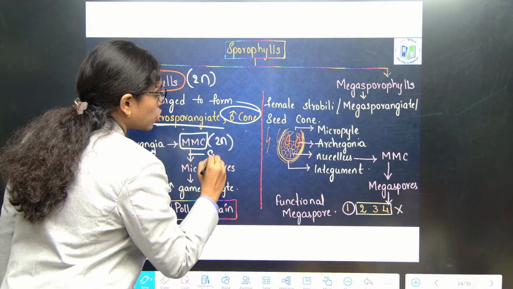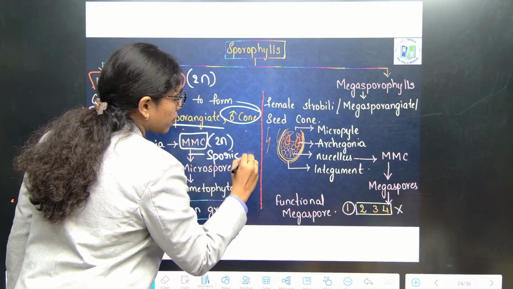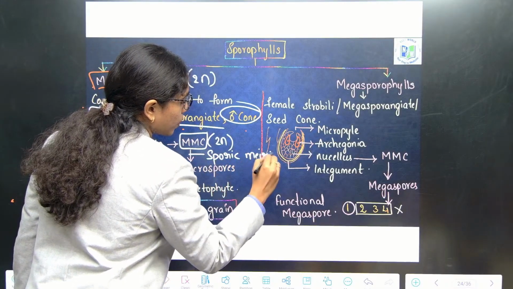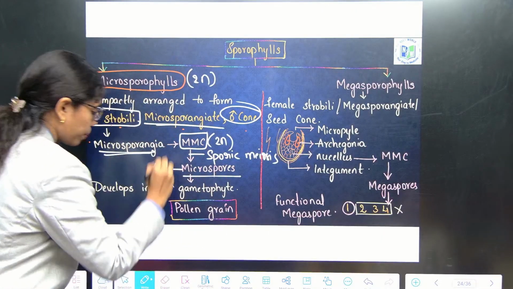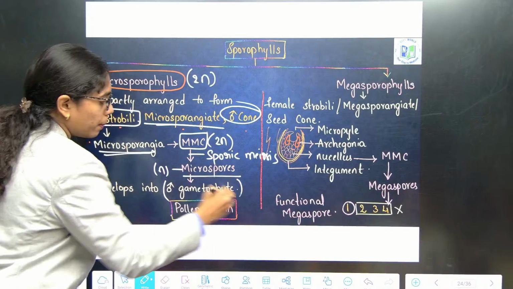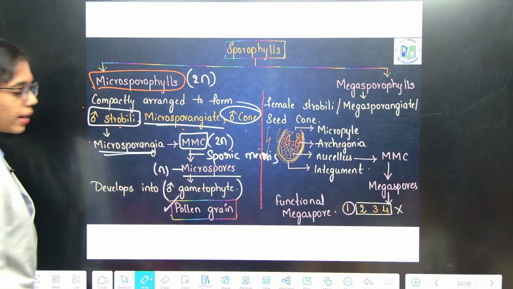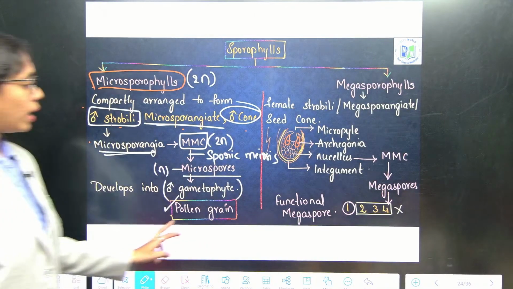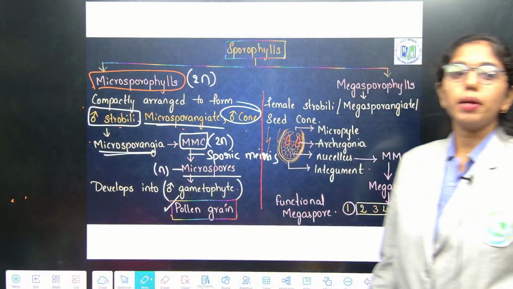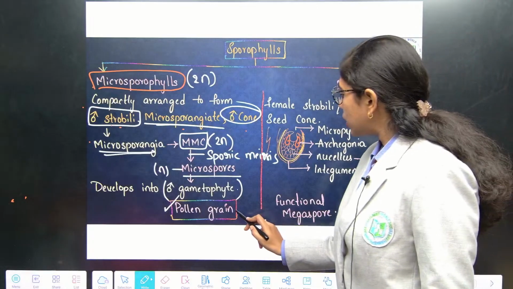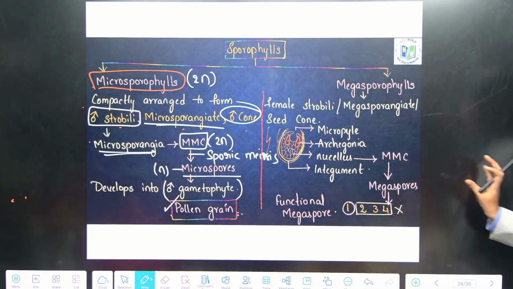Meiosis, sporic meiosis. It forms microspores, which are haploid. These develop into the male gametophyte or pollen grains. Pollen grains are what shaped in pinus? Wing shaped. These pollen grains will reach the archegonia.